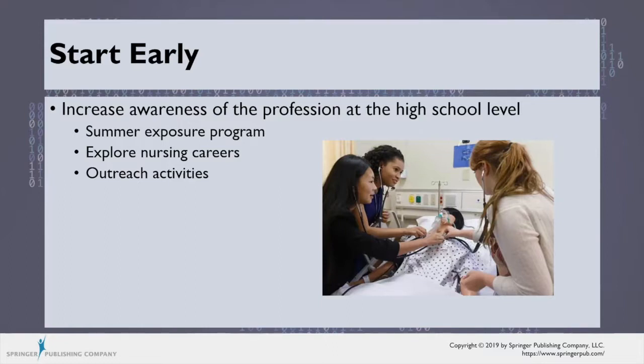Also, there are high school academic enrichment and success programs for underrepresented students. We can go to the high schools and the middle schools and talk about careers and opportunities in nursing. And in doing that, we talk about the importance of doing well in science and math, talk about the rigor of a nursing program, and then what has to be done to prepare for a career in nursing.